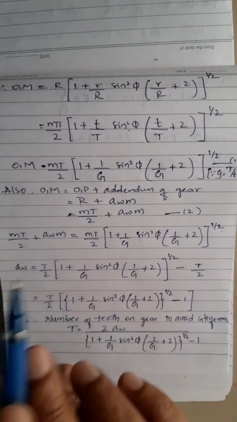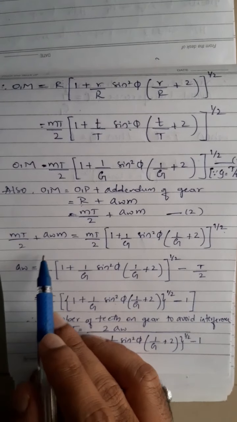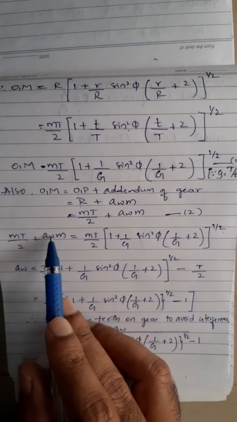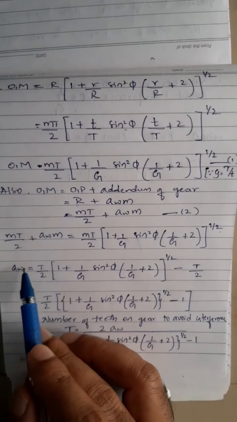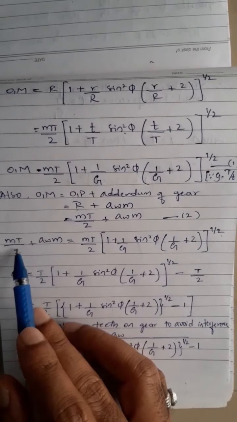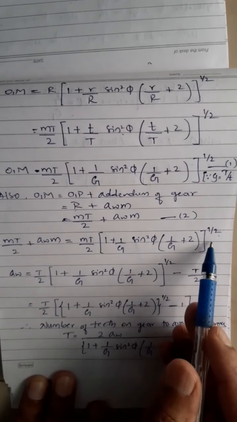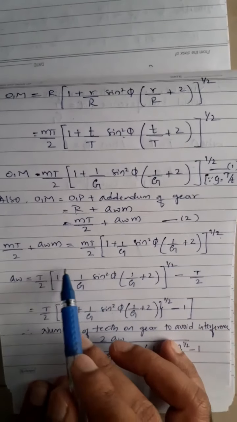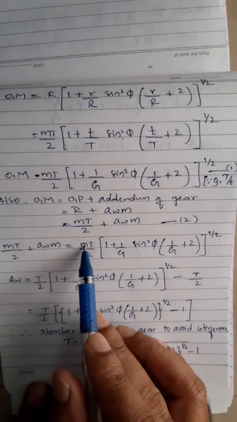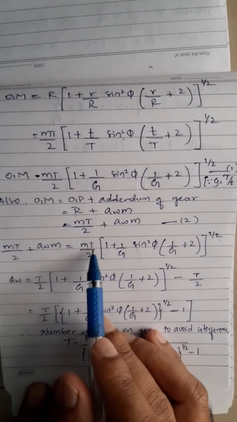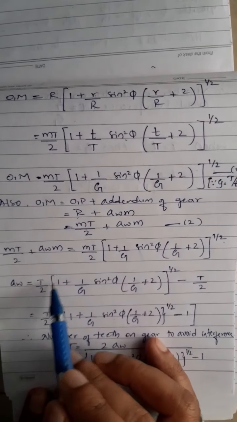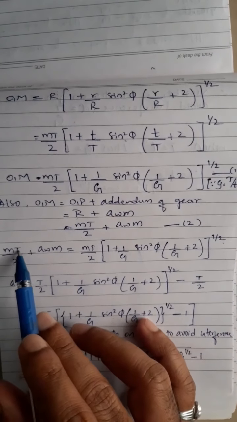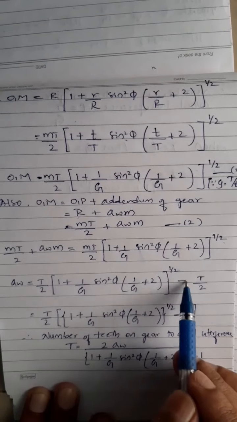The module will be cancelled throughout the equation. Next we'll write this equation for constant AW. So when I write this equation for constant AW, this t by 2 I will bring on this side, so it will become minus t by 2, and this whole term as it is. Here we have cancelled m, that you should remember, so it becomes t by 2, the whole term in the bracket as it is, minus t by 2.